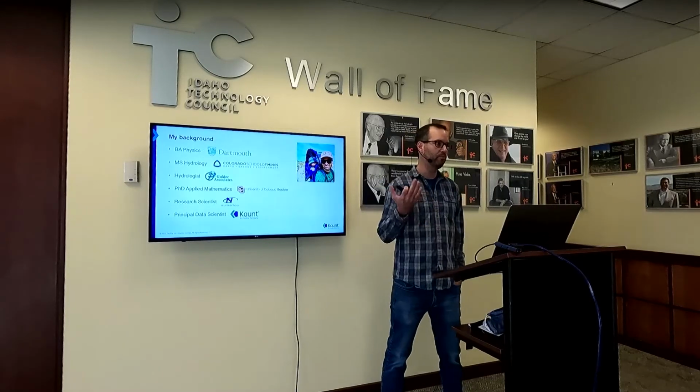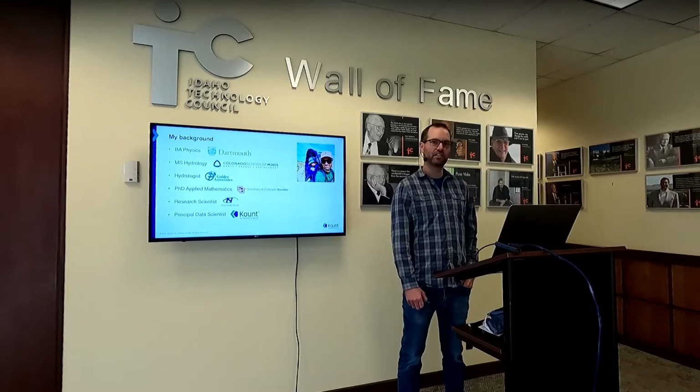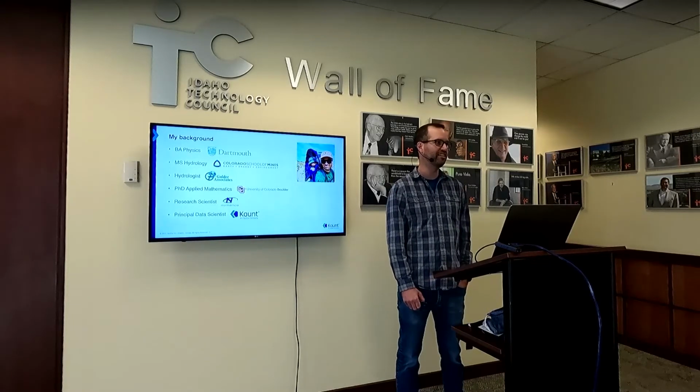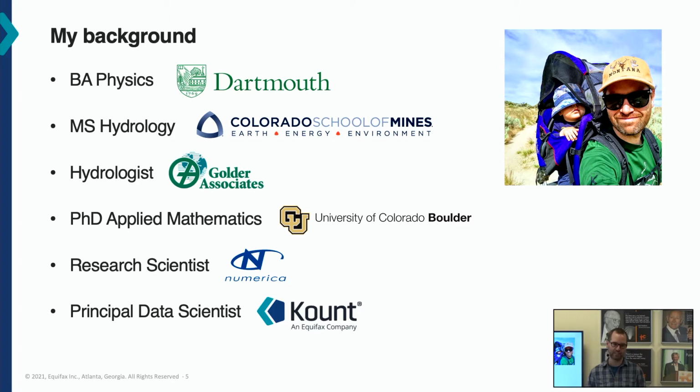All right, so a little bit about who I am. I've had a long and sordid, messy history through the sciences and mathematics, getting to where I am. So I started by earning my bachelor's in physics and went on to a master's program in hydrology. After that, I spent several years working as a hydrogeologist at Golder Associates.